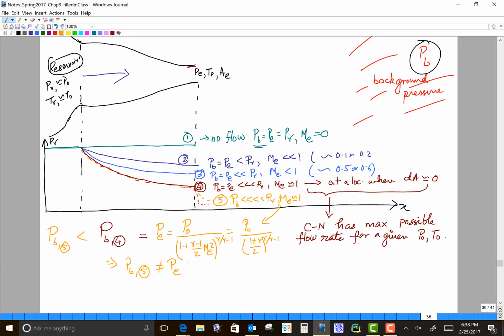There is another interpretation. Case 4 is the instant when the Mach number becomes 1, and PB will obviously be equal to PE. And when you reduce back pressure further, as in case 5, the Mach number is already 1 at the exit plane of the nozzle.